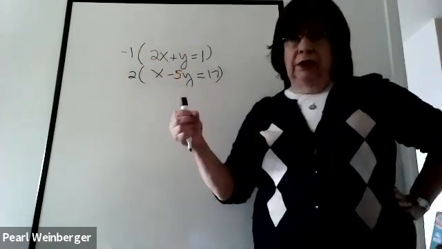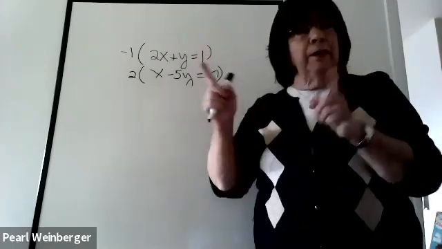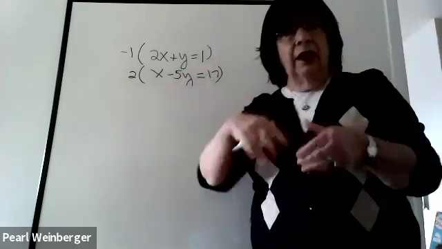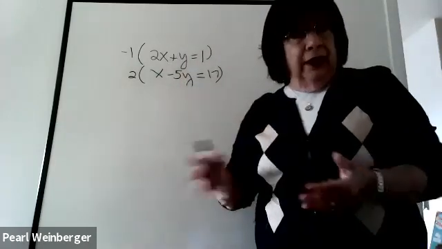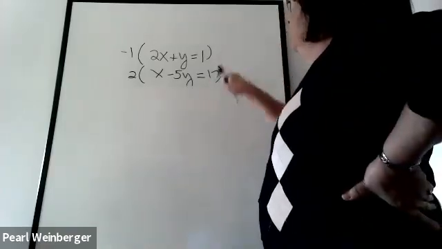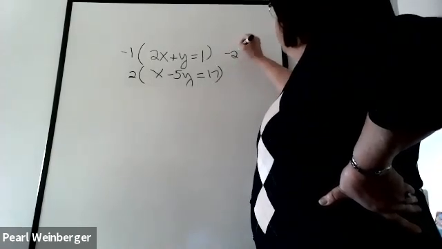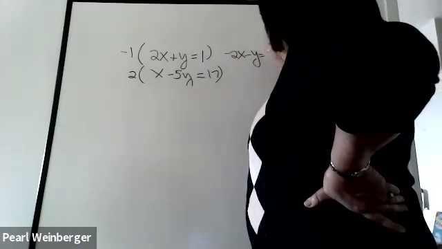So when I decide what I'm multiplying my equations by, I first worry about the number without any sign. And secondly, I worry about, should I use a negative or should I not use a negative? Now look what's going to happen. If I multiply the top equation by -1, that'll give me -2x minus y equals -1.